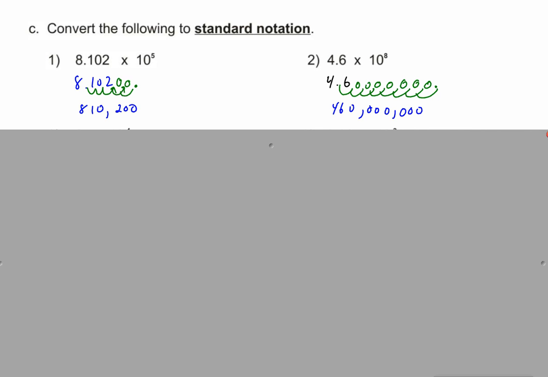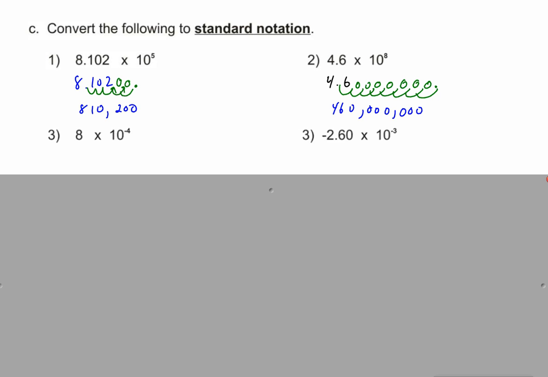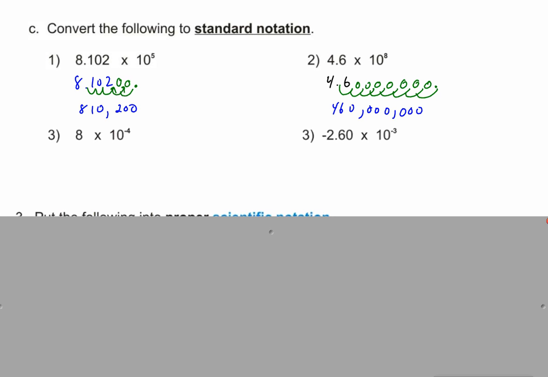Oh man, we got a number 3 to finish off yet. I better roll here. All right, real fast. Be careful going the opposite direction. So watch. Go 8 and then put your decimal point. When you see a negative exponent, what are you expecting? A small number, right? Therefore, I'm going to move my decimal point left.